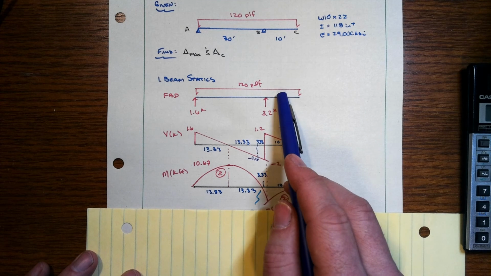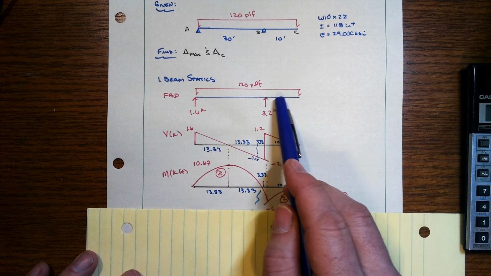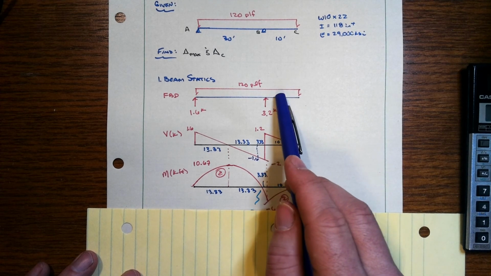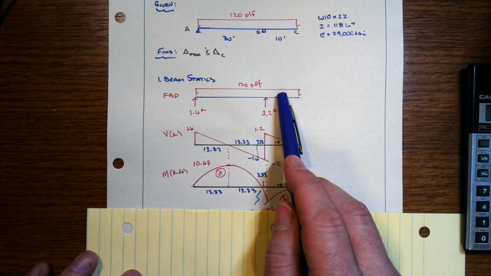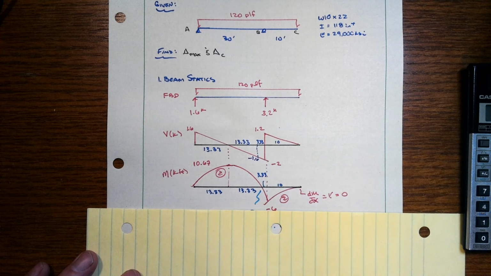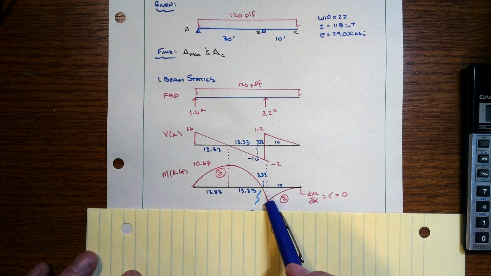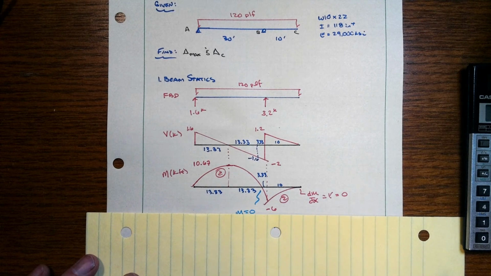We'll have W times this L prime, or 10 feet. That will be the total load out here, located at the midpoint of that 10 foot. So WL prime squared over 2 would be our -6, which is what we have at the far right.